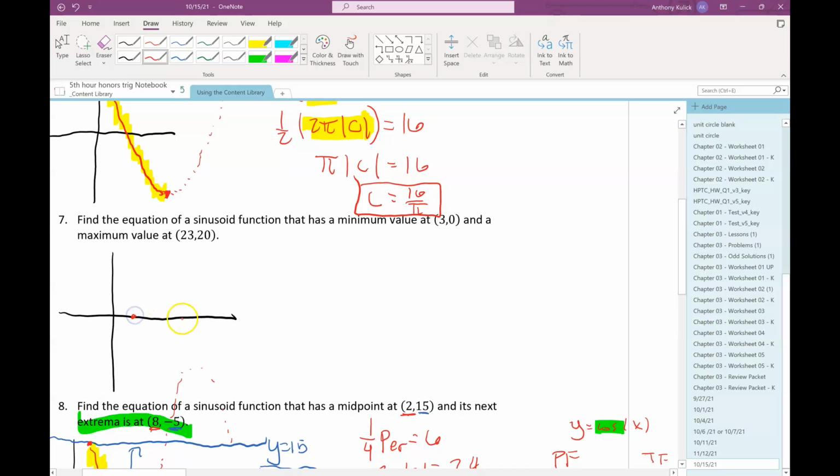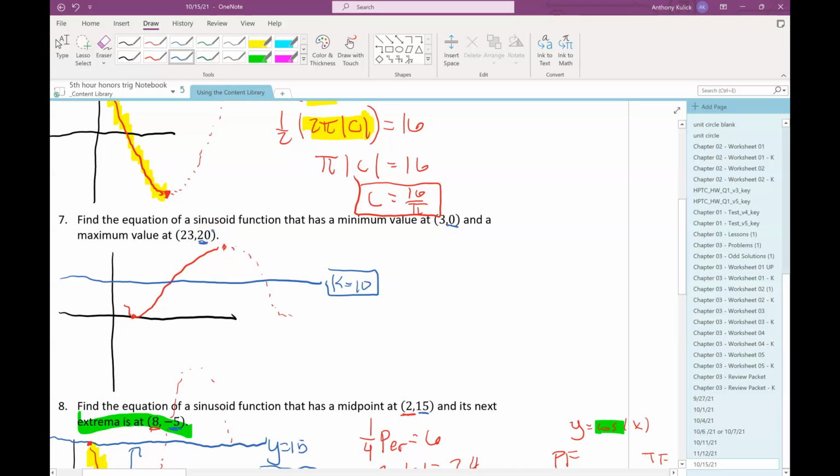So 3, 0 is my minimum. 23, 20 is my maximum. Okay. So my midline is going to be halfway in between these. So that should be 10. Good. And I just find that by adding the two and then divide by 2.